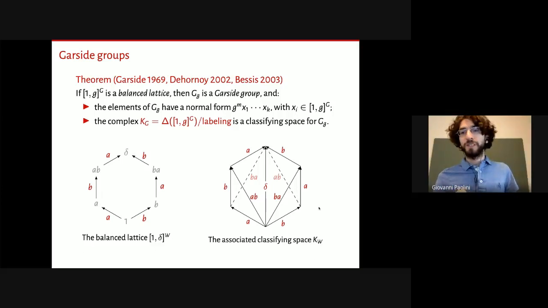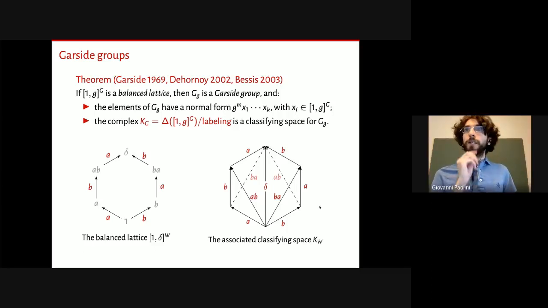The problem is that it's going to be huge in general. There is a general construction which gives you a huge, in this case infinite, of course, classifying space. But here we have a construction that gives a very small classifying space, which is very useful.